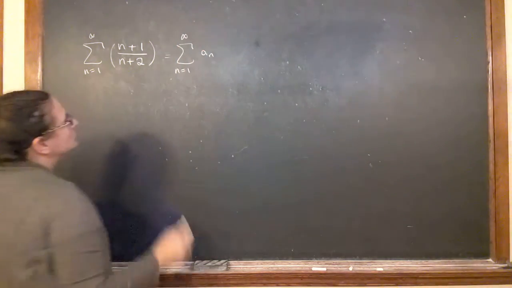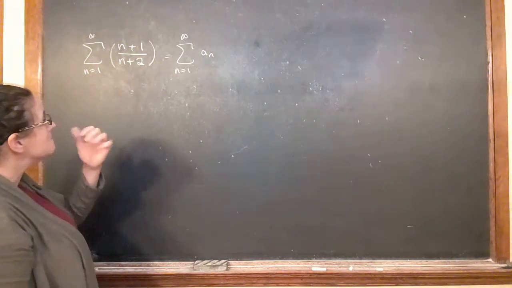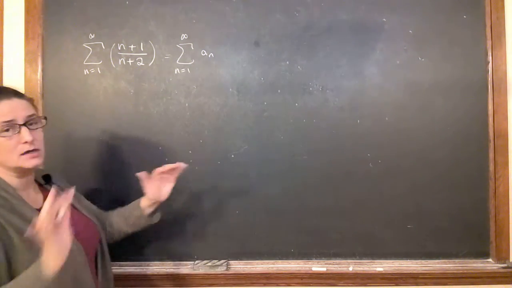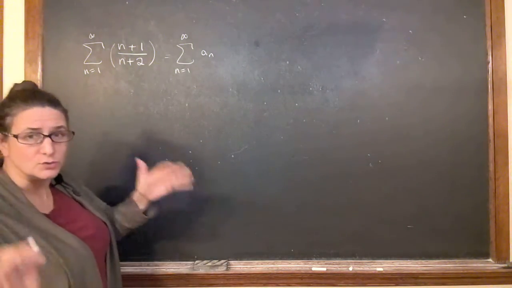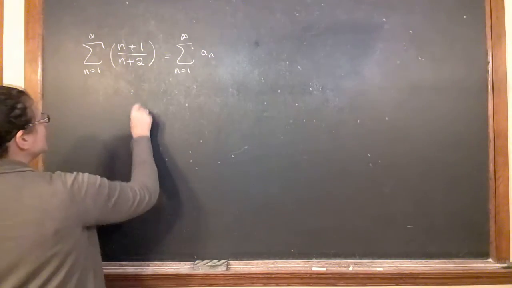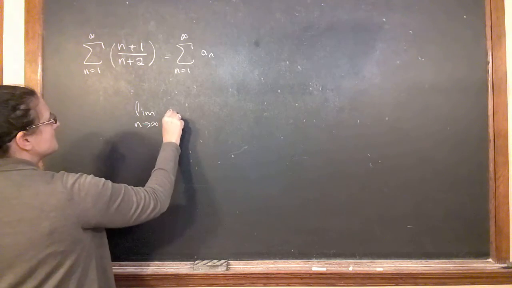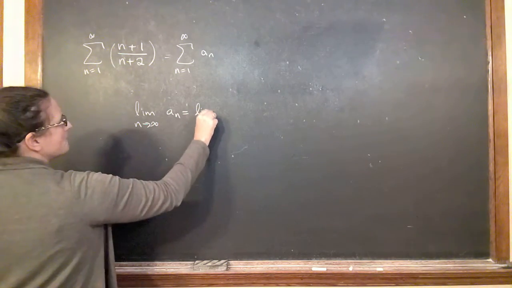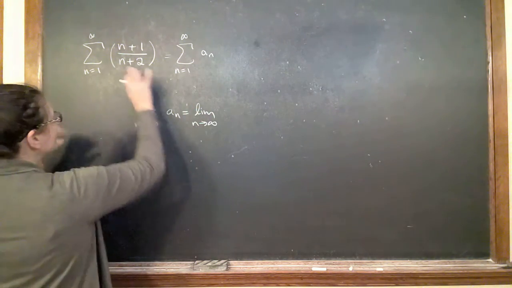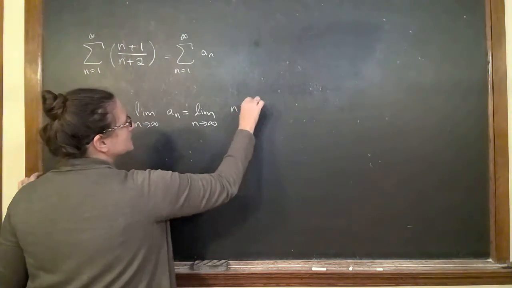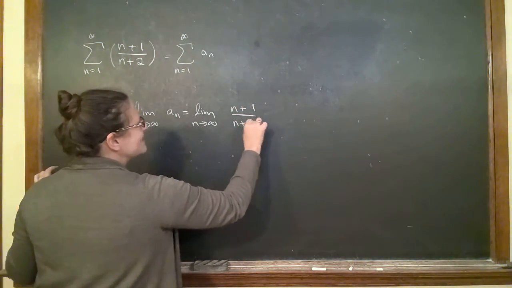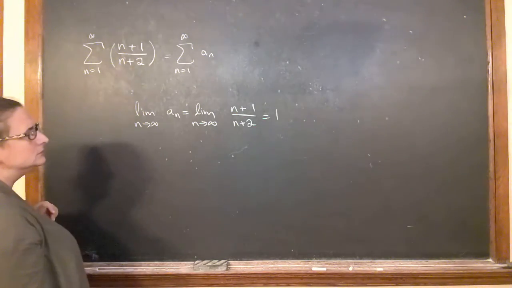a_n, right? This is not going to be a super proof or anything, I'm just going to do this heuristically to understand. This a_n here, (n+1)/(n+2), this guy is close to 1.